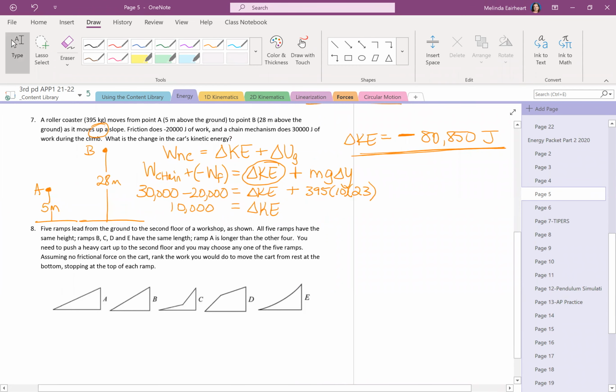And then number 8, okay? We've got 5 ramps that lead from the ground to the second floor of a workshop as shown. All 5 ramps have the same height, and B, C, D, E have the same length, but ramp A is longer. And the length they're talking about is the distance that the cart is actually going to travel.